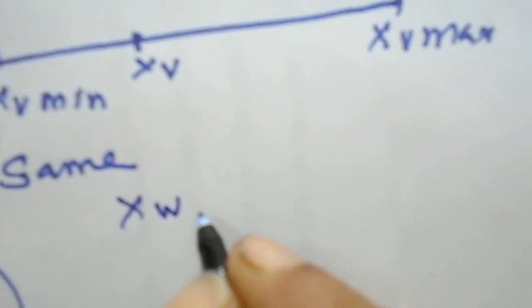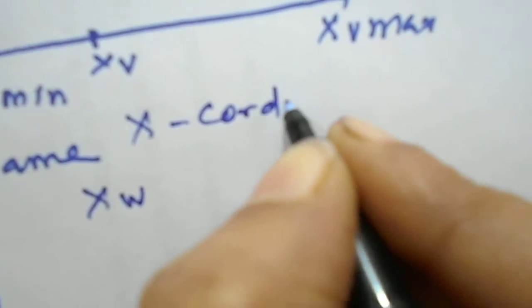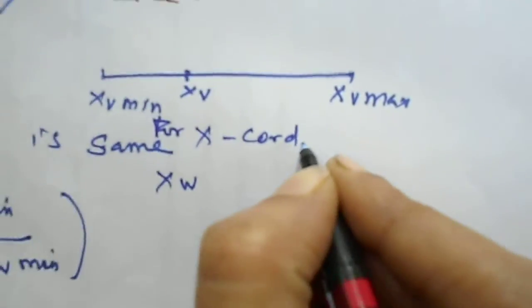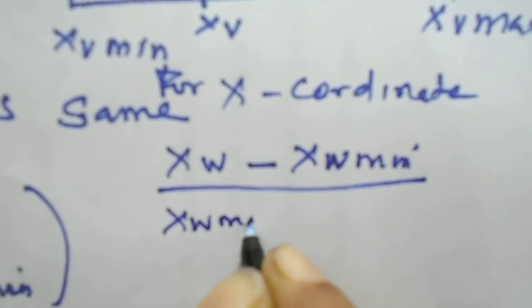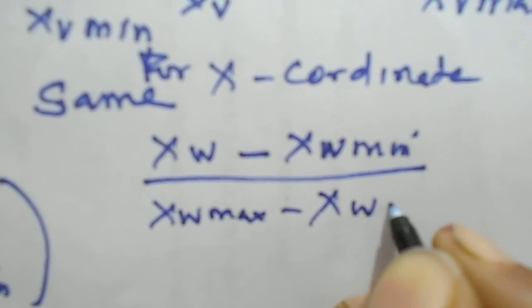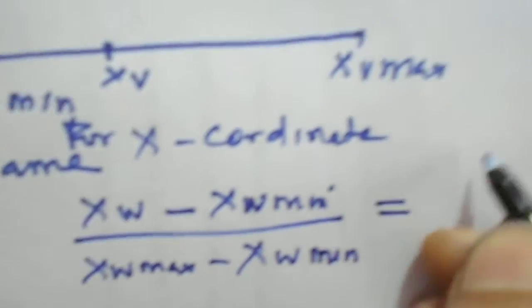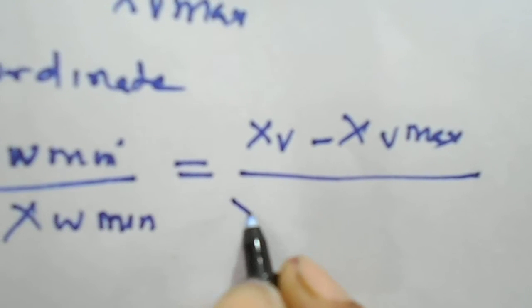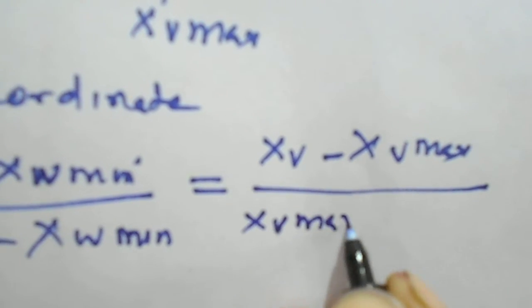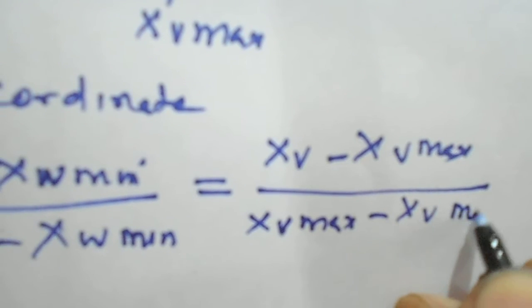Let's take the x coordinate alone. For the x coordinate, xw minus xw minimum divided by xw max minus xw minimum is equal to xv minus xv minimum divided by xv max minus xv minimum.